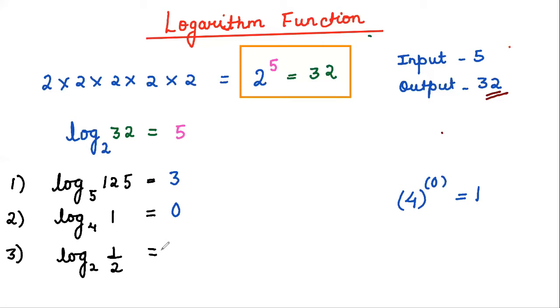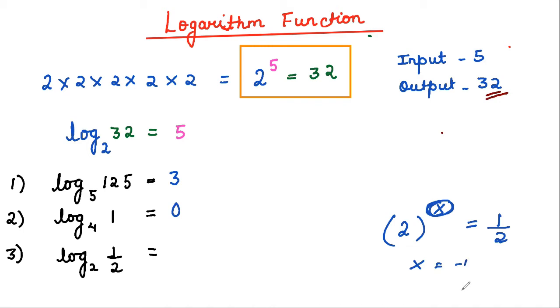If we write this in exponents, it means with base as 2, what should be the power of 2 so that you get half as your output? That means we are just inverting this. So x should be equal to minus 1. So the output is going to be minus 1. Let's do one more.